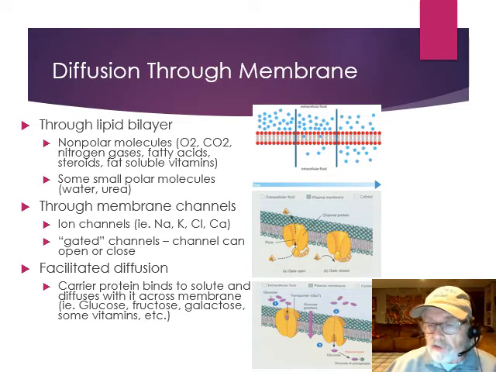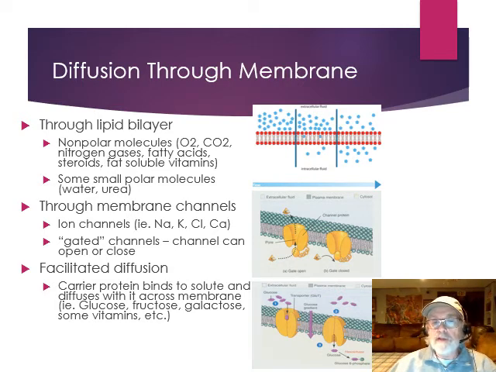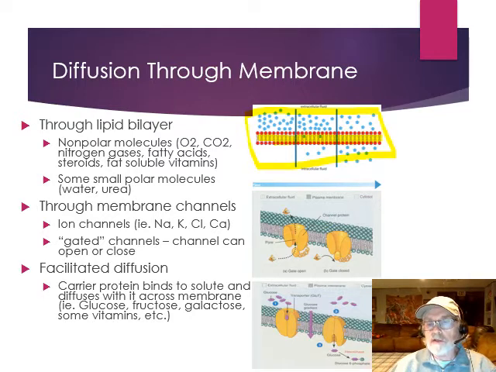A lot of these things have something in common. They're basically fatty. And so as a result, because of the lipid in the middle, these things are able to get through and diffuse, and that's just the general diffusion like we showed in our last image.